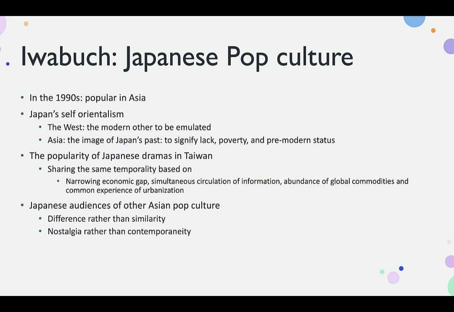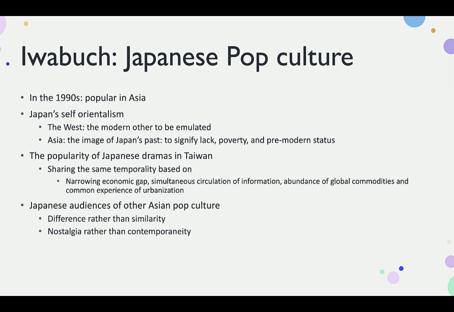So according to Iwabuchi again, on Japanese identity, a lot of Japanese don't consider themselves Asian. They are not Western, but they're different from other Asians. They modernized faster than other Asian countries, and they made huge economic development too.